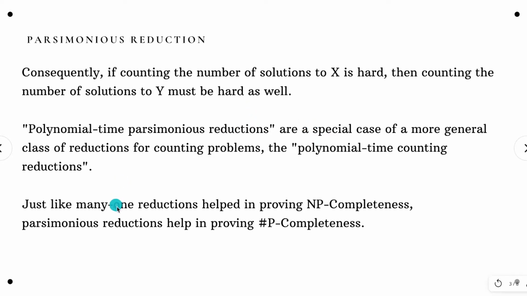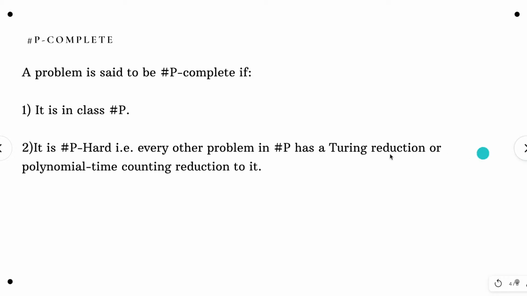Just like many-one reductions help in proving NP completeness, parsimonious reductions help in proving #P completeness. Those were the similarities between NP completeness and #P completeness.